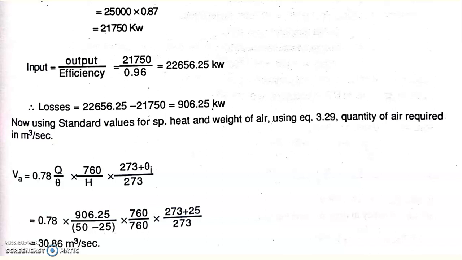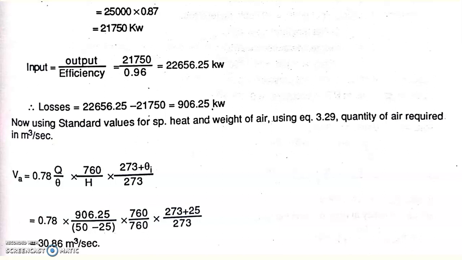Efficiency is output upon input, so input equals output upon efficiency. Put the values: output is 21750 and efficiency is 0.96. By calculating, you will get the input value. Now calculate the losses: take the difference, input minus output, and you will get the total losses, that is Q.